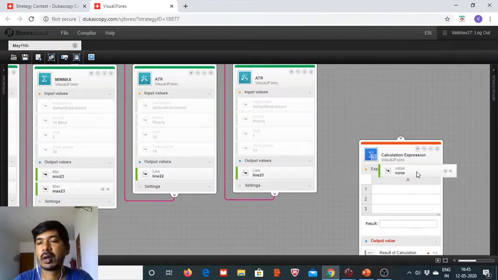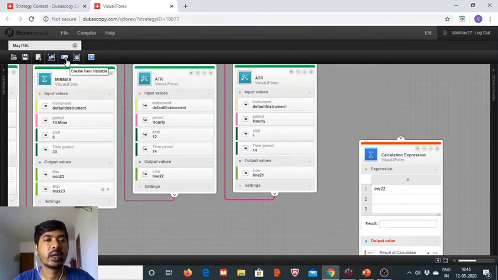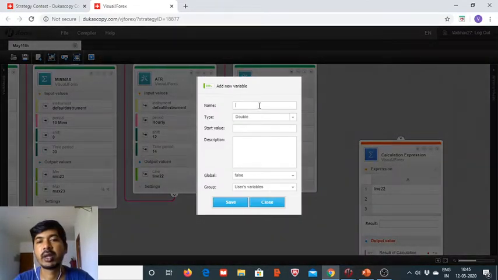So we now take this and we define a fresh variable, create new variable of double type, and it will be ATRV. And it will be 0.8, type double.